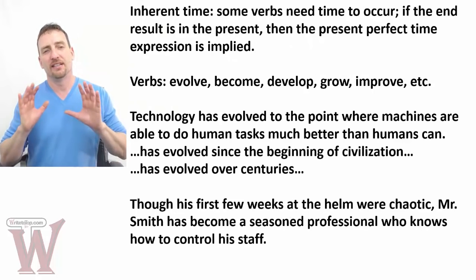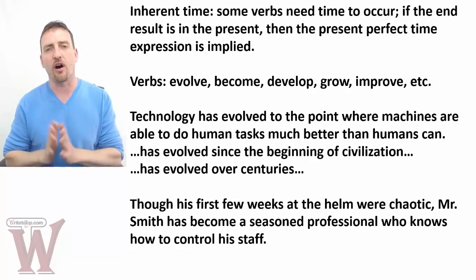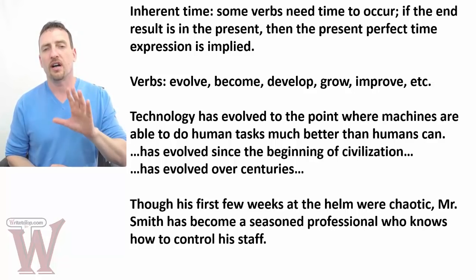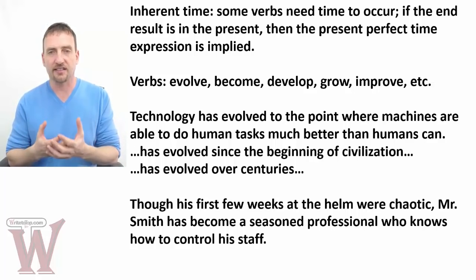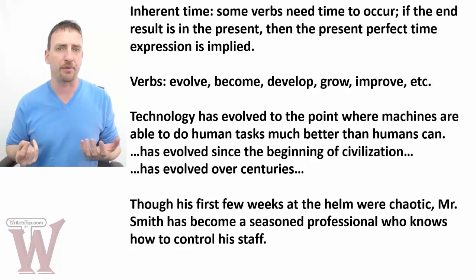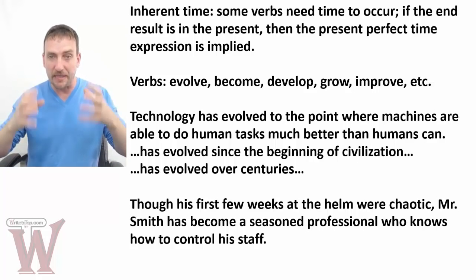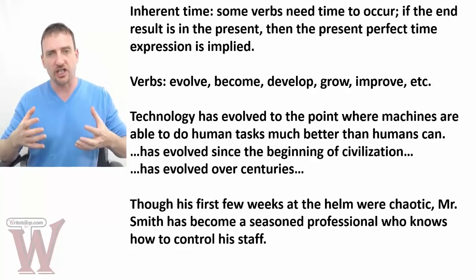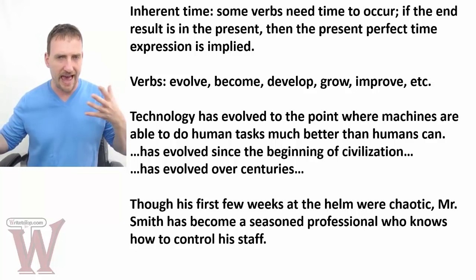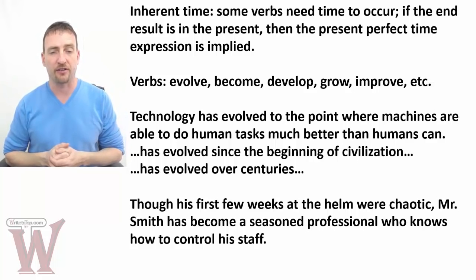So now, this one I see mistakes with all the time, okay? When we're talking about inherent time, there are some verbs that do not happen quickly. They take time to happen, right? And the meaning of the verb itself suggests that there's going to be a time lapse or a time span to this verb.